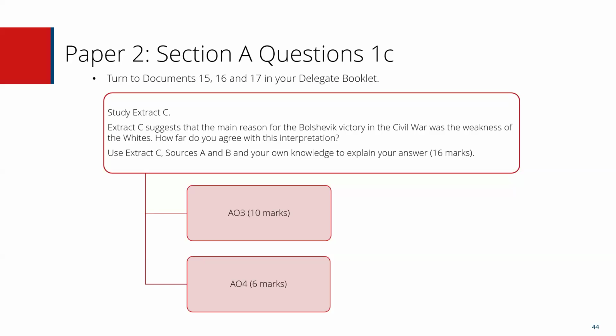So let's have a look then, first of all, at the generic level mark scheme.